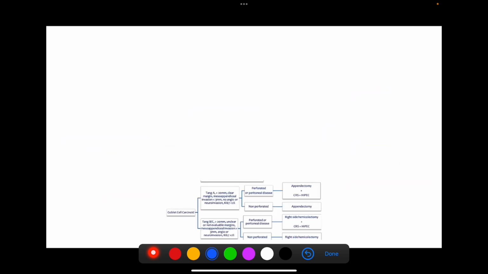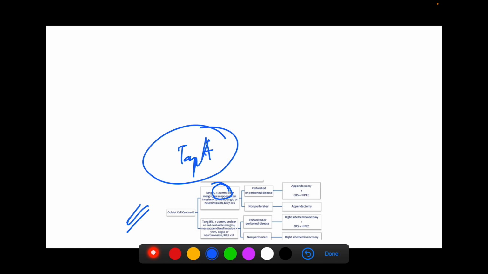Another rare tumor is carcinoid, right? Here in carcinoid, the principle is, again, it will depend on perforation or no perforation. If you have an appendicular carcinoid which is small, 20 millimeter or less, Tang A group, right, and having a mesoappendiceal invasion less than 3 millimeter, no angio or neuroinvasion, Ki67 less than 2%.